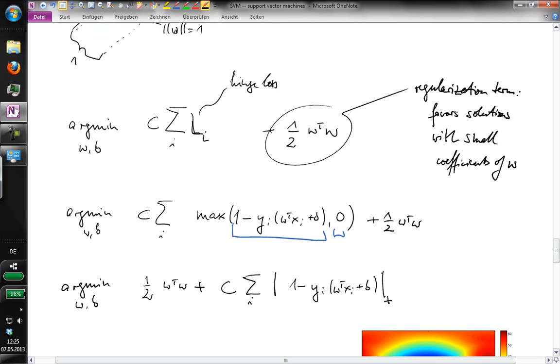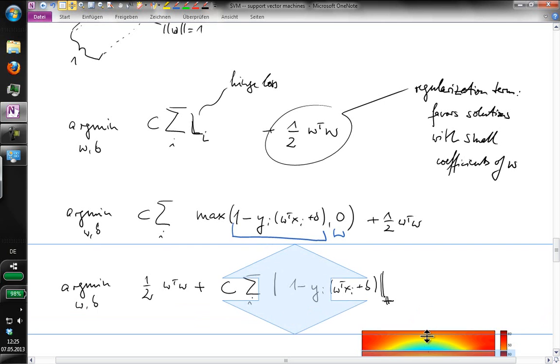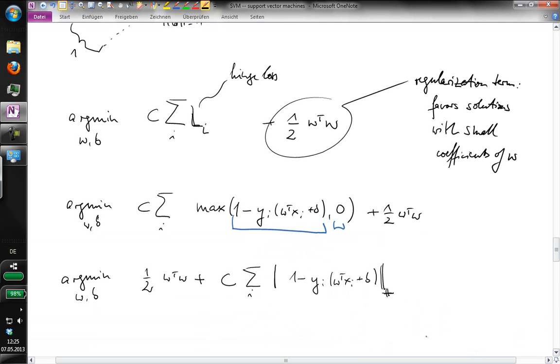And this would be the absolute value, and putting a subscript plus here means we only consider the non-negative part of those values here. And yet another way of writing the same is to say argmin over W, b, plus C sum over i, and then hinge of yi times (w transpose xi plus b).